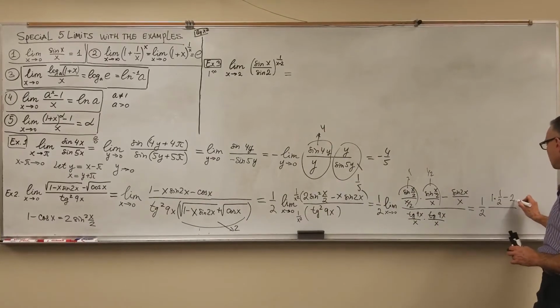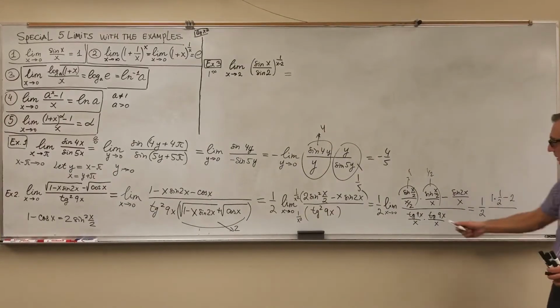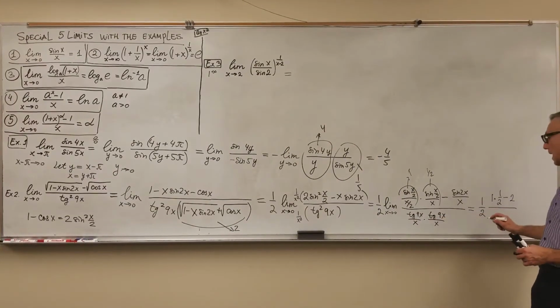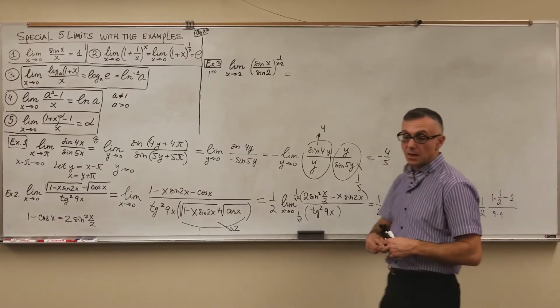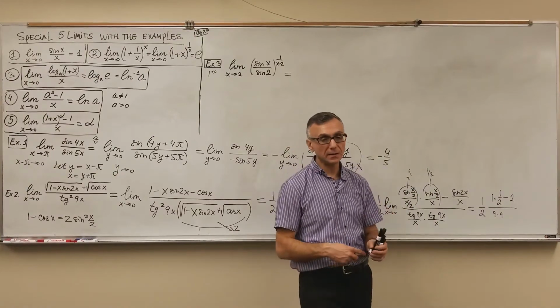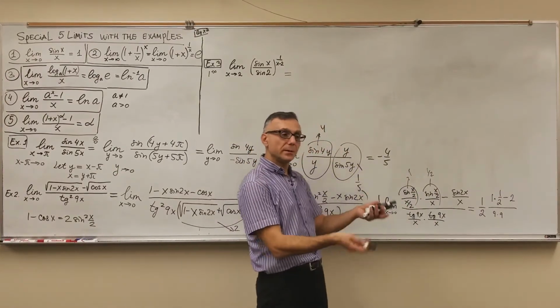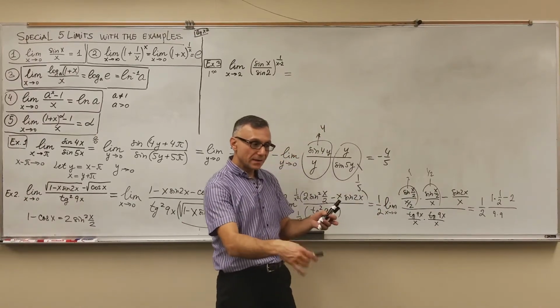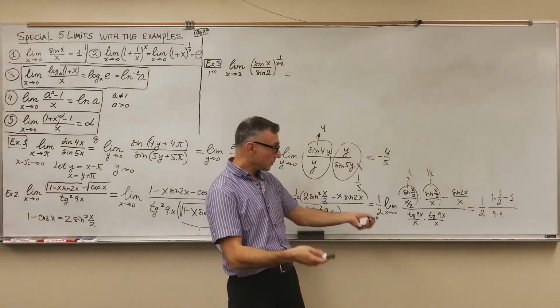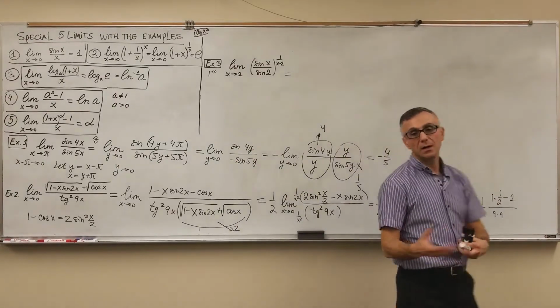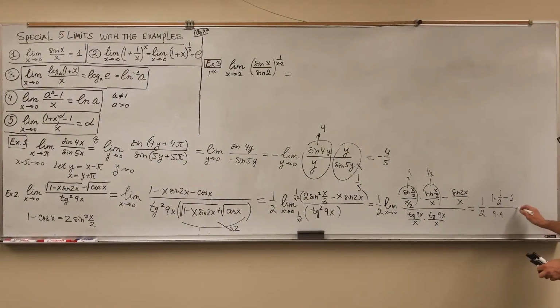So it's minus 2, and the same tangent 9x over x is 9. And tangent 9x is sine 9x over cosine 9x. Over x, sine 9x over x, that limit goes to 9, cosine 9x, x goes to 0 is 1. So 9, and again, any book has that. So it's just equal to what I have here.